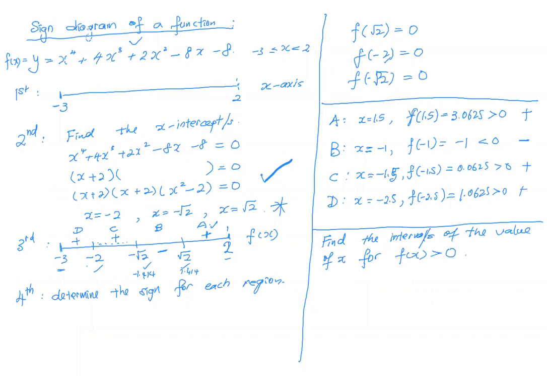So which region will you choose? ACD. ACD, you straight away, isn't it? So if you got this sign diagram, it's very easy for you to solve inequality.